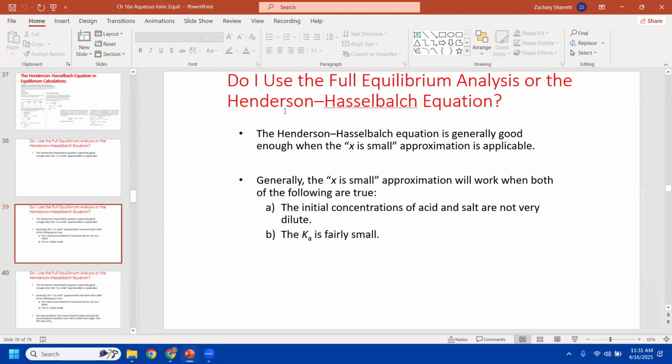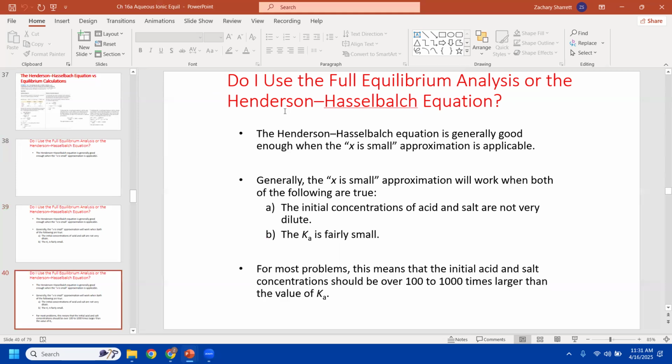So if you're using a very strong weak acid, maybe it won't work because it's going to dissociate a lot, right? So I would just always use it. And if you get it wrong, it's only a couple points off. But actually, it's a take home. So you should do it both ways every single time, just so you learn this and become experts at it.